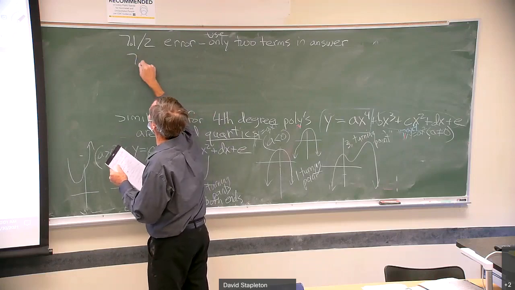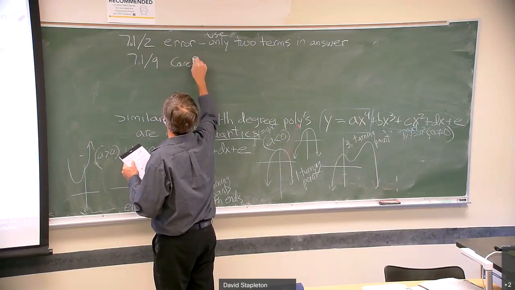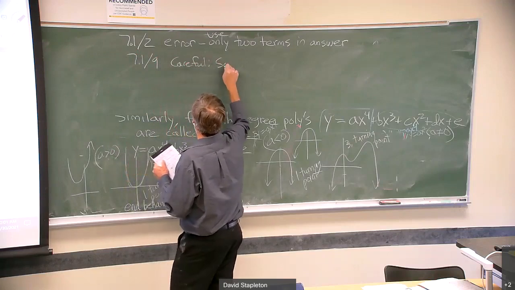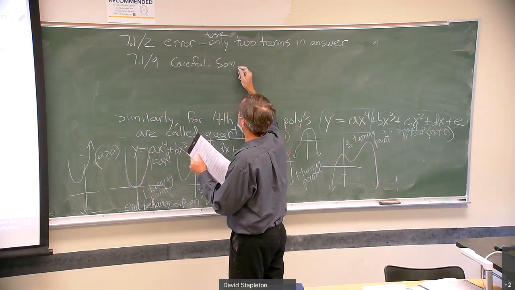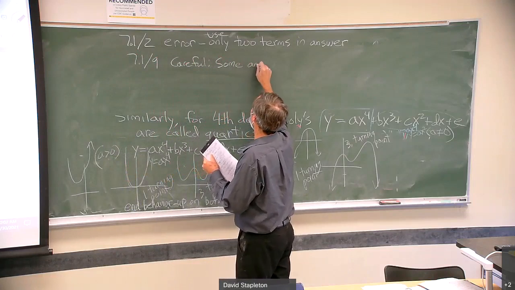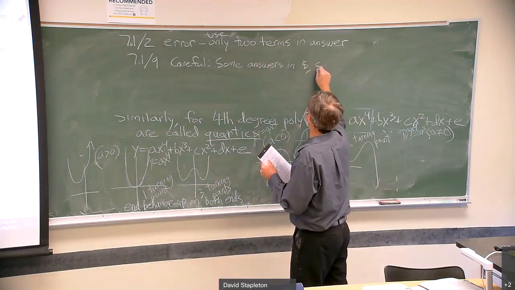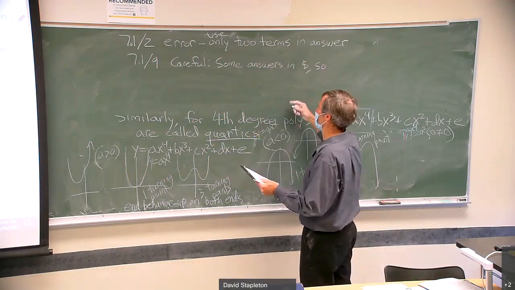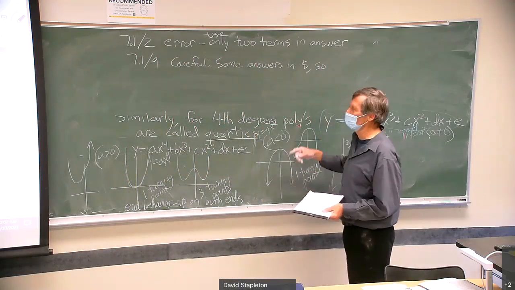And 7.1 number 9 has a confusion. Careful, some of the answers are in thousands and some of them are in dollars. Some answers are in dollars, some in thousands of dollars. So some of them you need 3 more zeros than the other blanks. And people are saying, why can't I get the answer? I did these right. You have to read it real carefully.